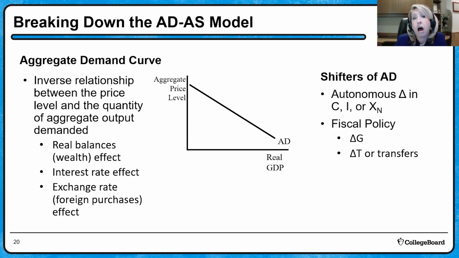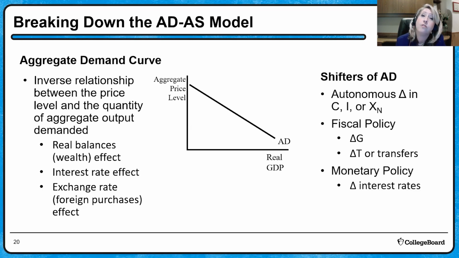We've learned about fiscal policy by this point in the course. So a change in government spending on goods and services or a change in taxes or transfers will also shift the aggregate demand curve. And of course, you've also learned about the effect of monetary policy on aggregate demand. So a change in interest rates is going to influence the aggregate demand curve as well.